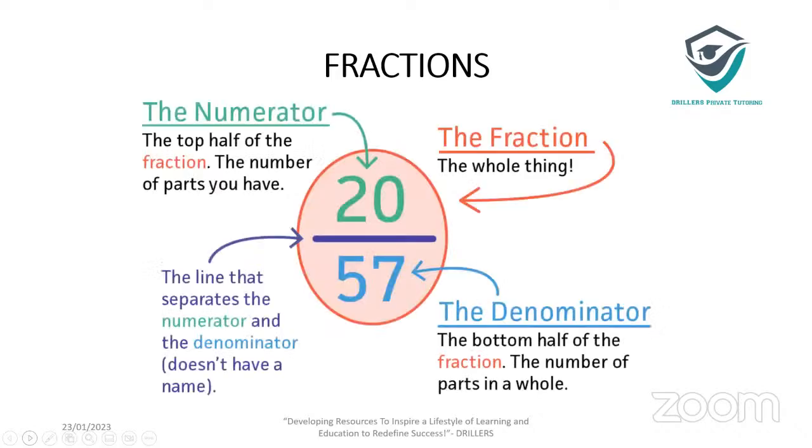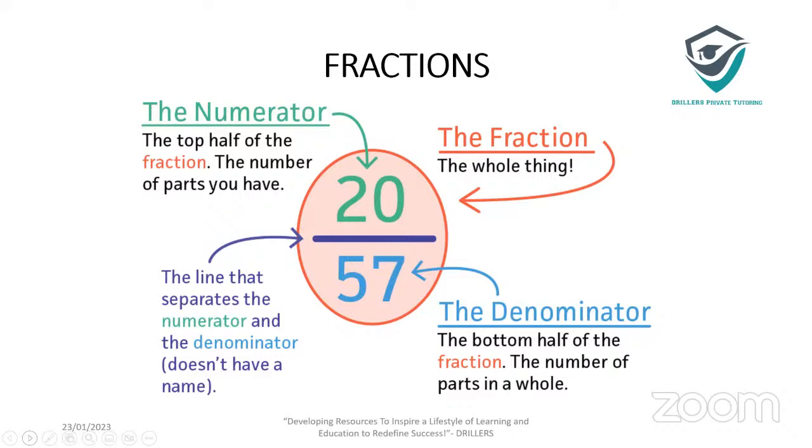Then we went on to look at an example of a fraction, and talk about the parts that fraction consists of. The 2 integers that make up the fraction have names. The number on top is called the numerator. It represents the amount you have. The number below is called the denominator, and that represents how many parts you split your whole into.